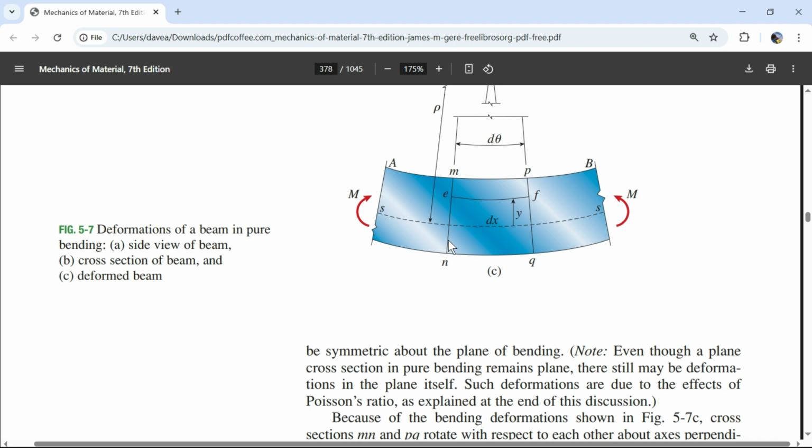If I'm in tension here, that's going to make everything suck together. So what we're not seeing is the thickness of this beam. Let's say it has a height h, and it has a thickness b into the page. Because of this compression, that thickness into the page increases, and because of this tension, that thickness into the page decreases.